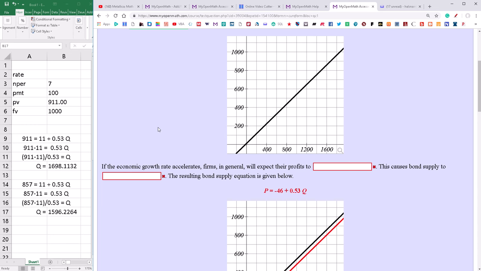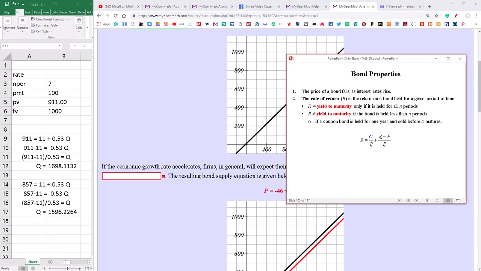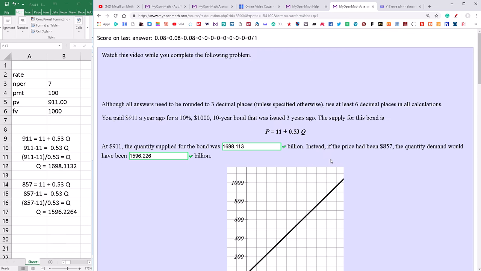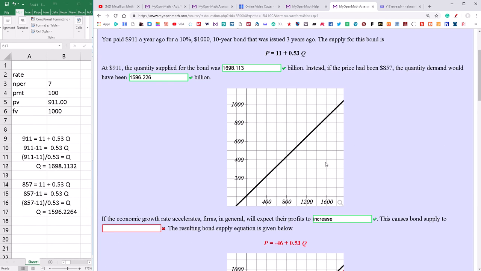Okay, now if the economic growth rate accelerates, I want to put my notes right over here, set them to the side for now. If the economic growth rate accelerates, firms in general expect their profits to increase or rise. We'll type in increase and see what happens. Yep.